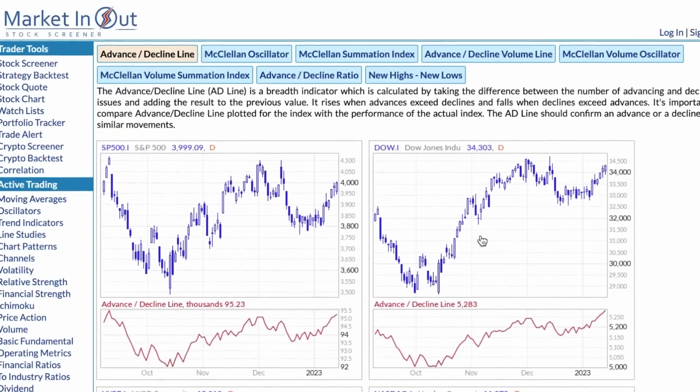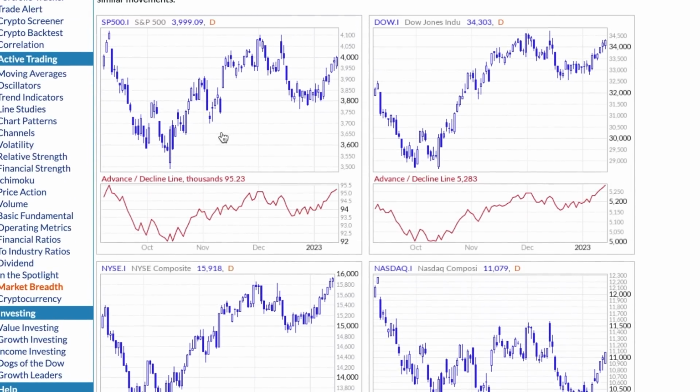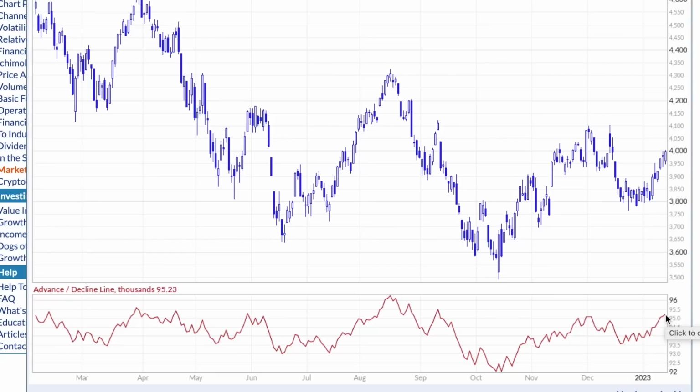But what's very interesting is that if we look at the S&P 500 and its advanced decline line right here, we can see that the advanced decline line has not made a lower low, right? So that is not showing underlying weakness. In fact, the advanced decline line has made a higher high relative to the high that we had in December. You can see that the market is now at 4,000 points relative to 4,100 points back in December.